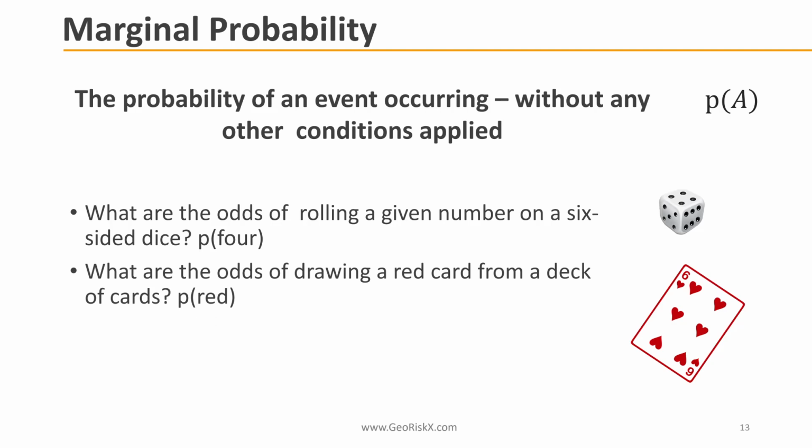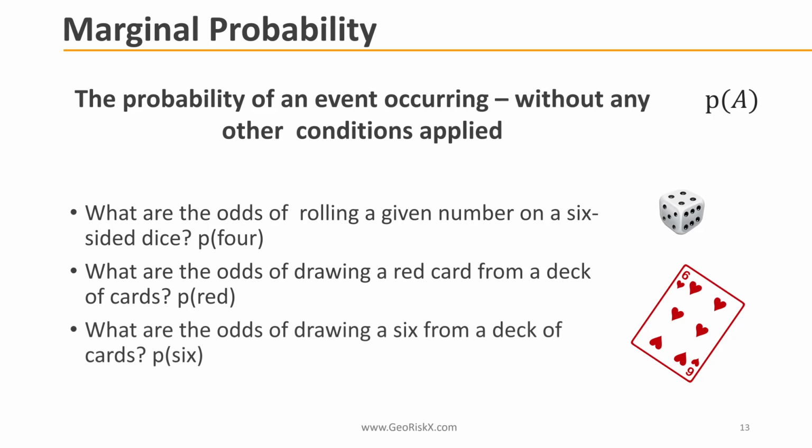What are the odds of drawing a red card from a deck of cards? Well, standard 52 card deck. Half the cards are red, half the cards are black. That means the probability of drawing a red card is 1 out of 2. It's 50% chance. What are the odds of drawing a 6 from a deck of cards?